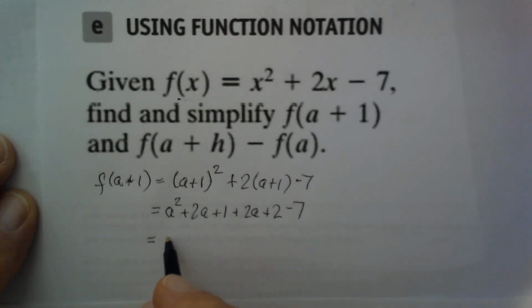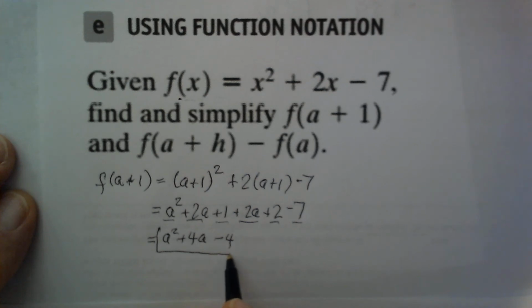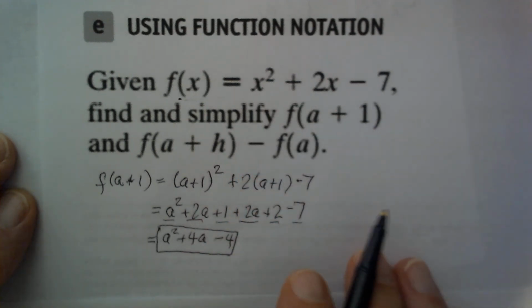So it would be a squared, and 2a plus 2a is 4a, and 1 plus 2 is 3, minus 7 is negative 4. So that's what f of a plus 1 is. So we simply replace every x in the original function with the expression a plus 1.